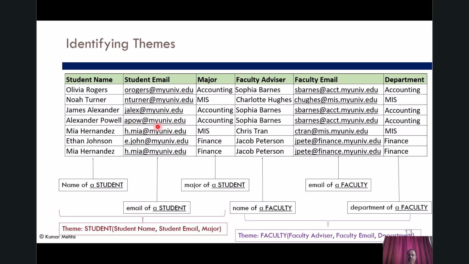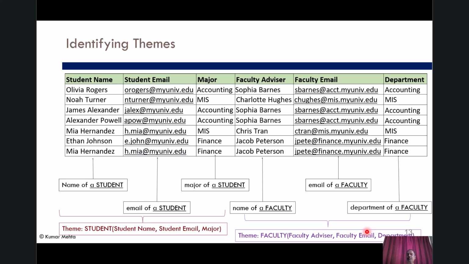Similarly, I would not mistake the student's email as belonging to the theme called faculty. Okay? So to me, there is a second theme in this big list, which consists of the name of the faculty advisor, the email address, and the department. And these three properties, or columns, together constitute a theme that I call faculty.